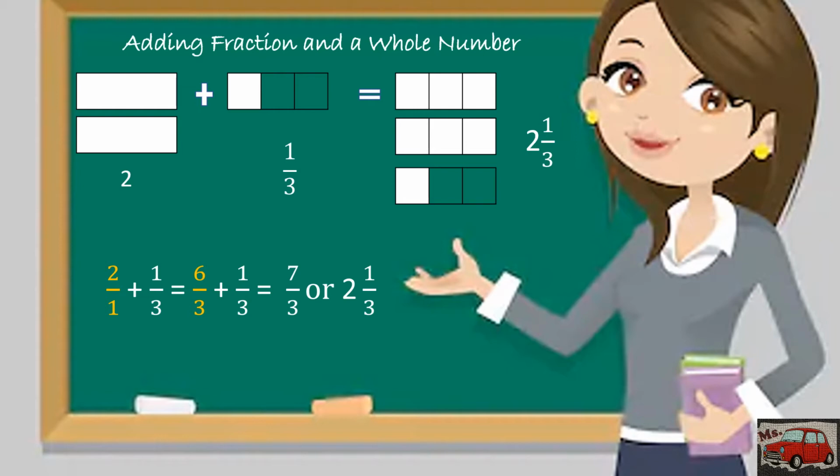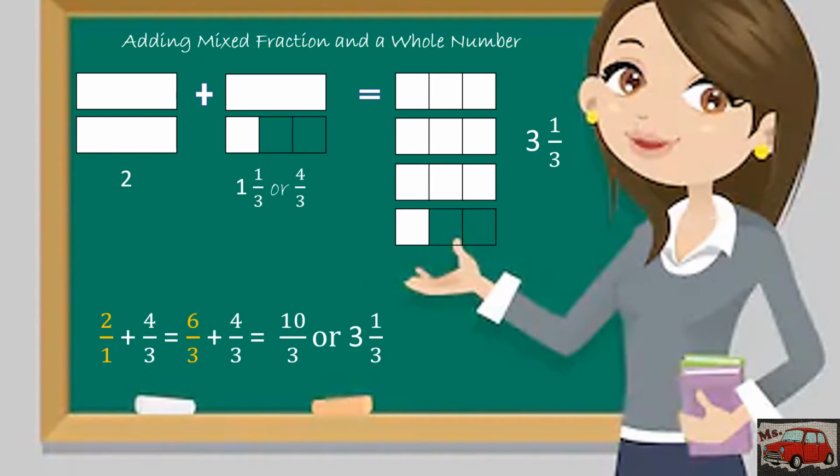So 2, 4, 6. Alright? So, the equivalent fraction of 2 over 1 is 6 over 3 plus yung 1/3. Now, just combine the numerator. So, 6 plus 1, that is 7. And then, copy the denominator, that is 3. So, 7 over 3 or 2 and 1/3.